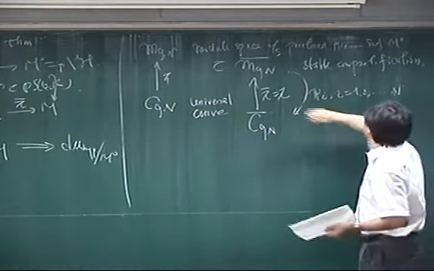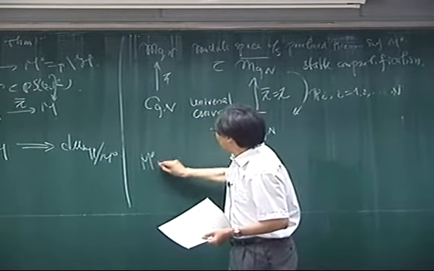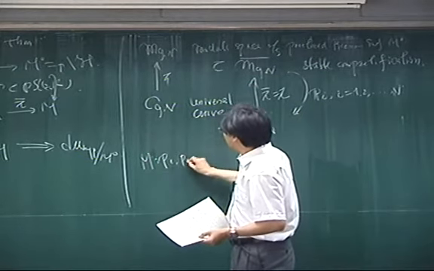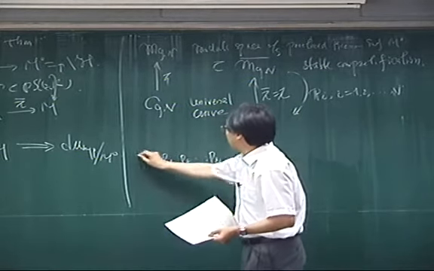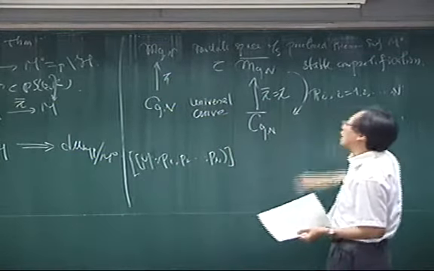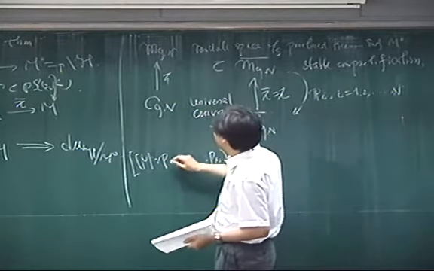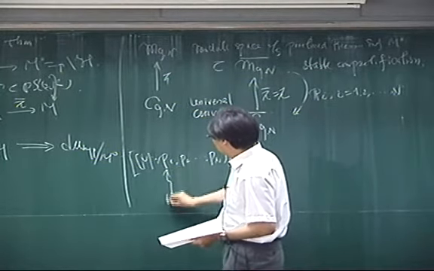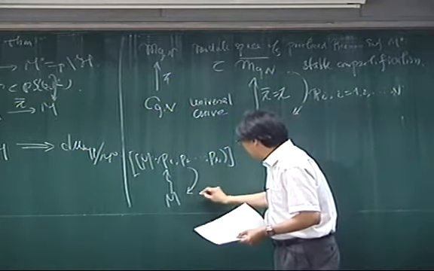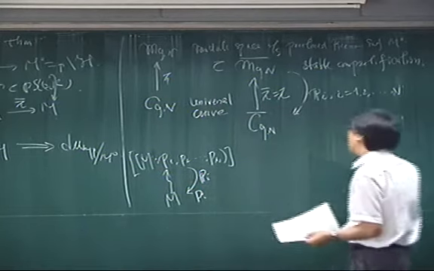Each of these elements, M0 with P1, P2 to Pn, this equivalence class we send to just the Pi. You know the fiber of this will be just M. So the sections send the Pi to just Pi.